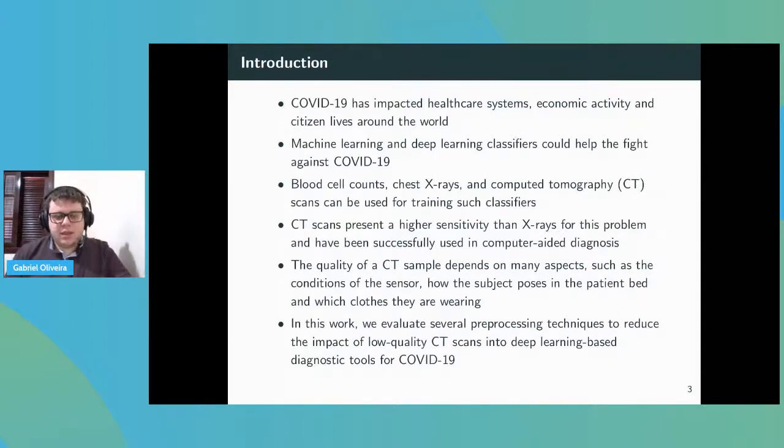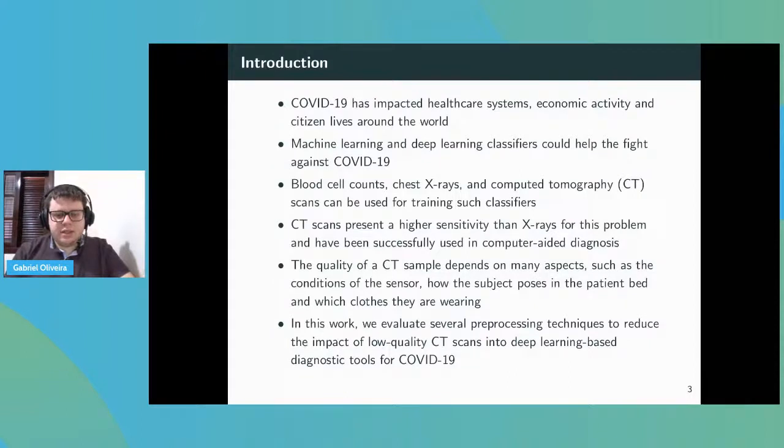With that, many students and professionals in the community started to use machine learning and deep learning classifiers to help the prediction of COVID-19. These classifiers use blood cell counts, chest X-ray images, and computed tomography scans for training to make the prediction.